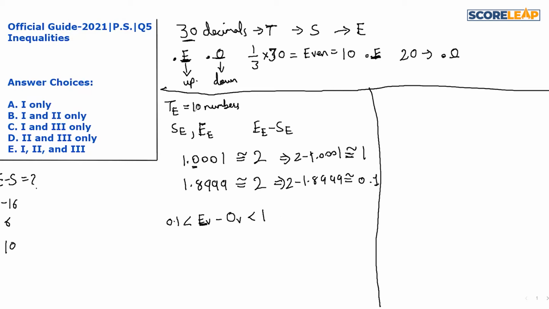For all the 10 numbers, EE minus SE will lie between 10 into 0.1 and 1 into 10, that is, 1 is less than EE minus SE less than 10. So this we got as the limits of EE minus SE.